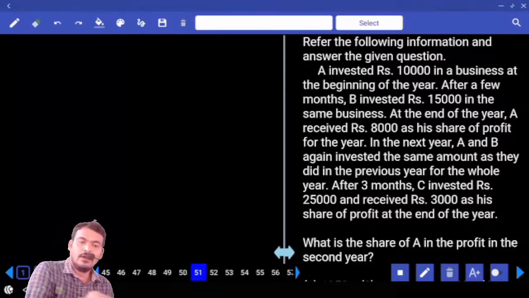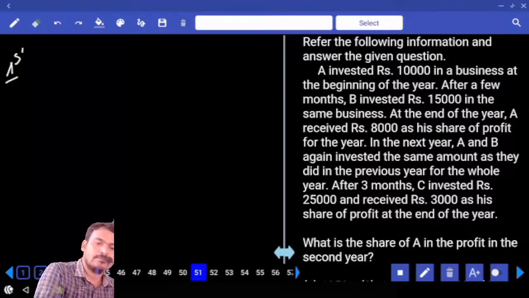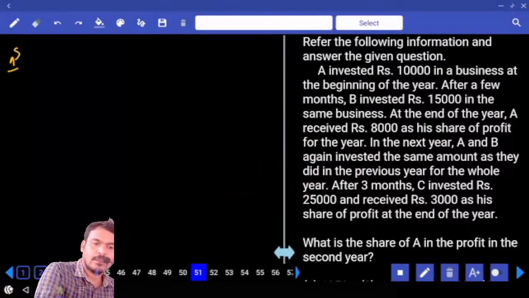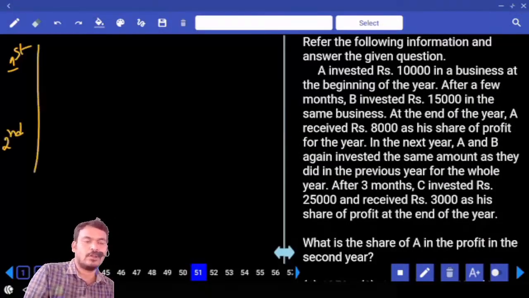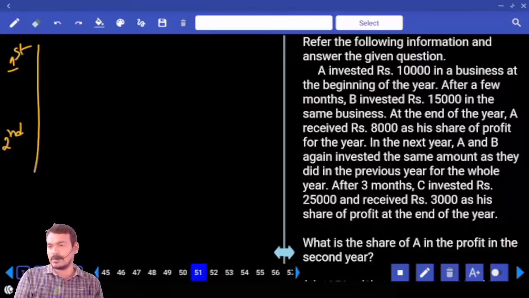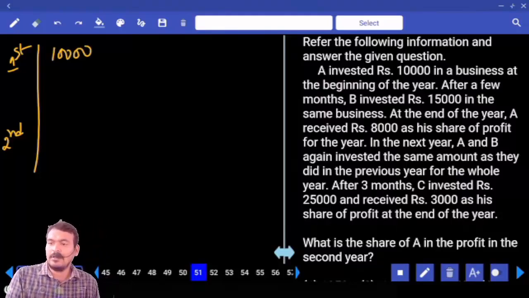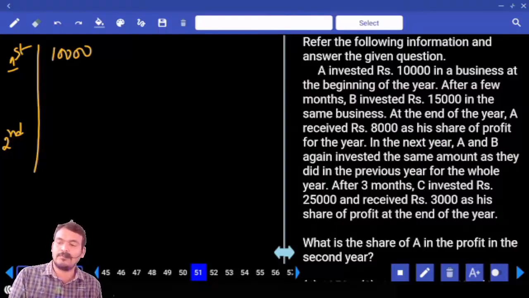Okay. One is given first year. Second one are second year. Total how many years data? 2 years data. In first year, what is the A investment? 10,000. And at the beginning of the year, after few months, B invested 15,000 in the same business.